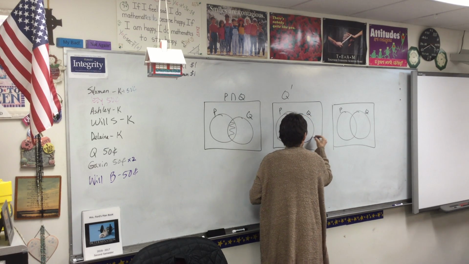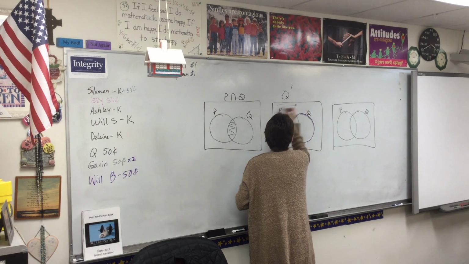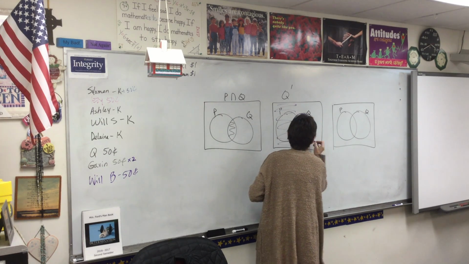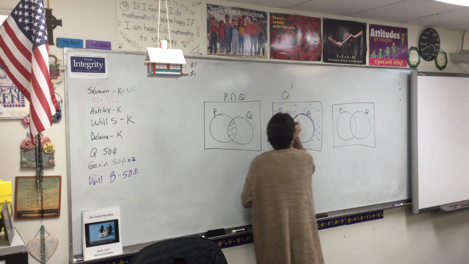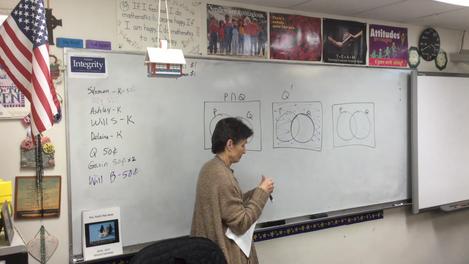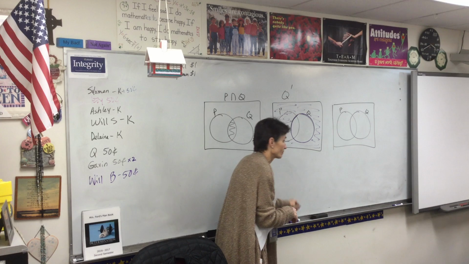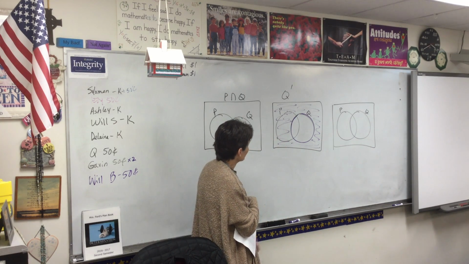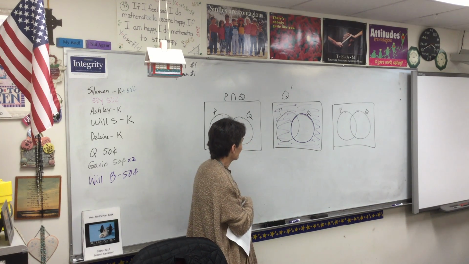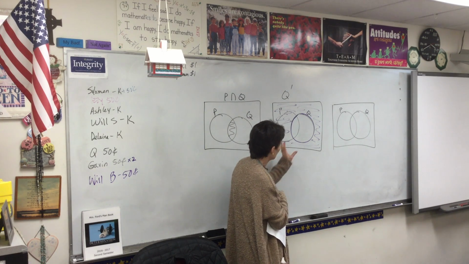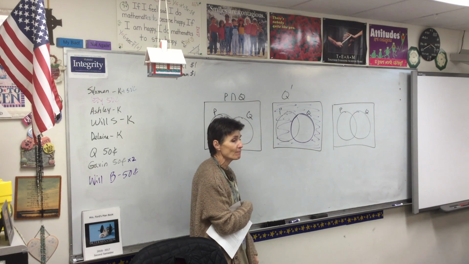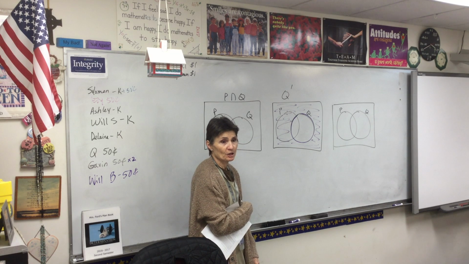This circle is going to be open. Everything else in the entire picture is going to be shaded in. It makes my boards too messy, so I don't want to overdo the marker, but you understand what I'm shading there, right? Everything except the Q circle.